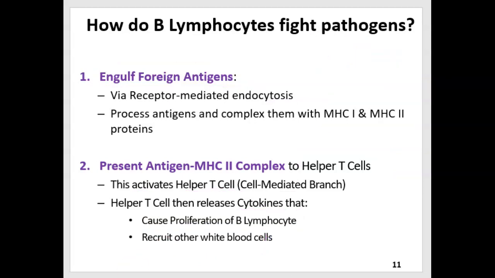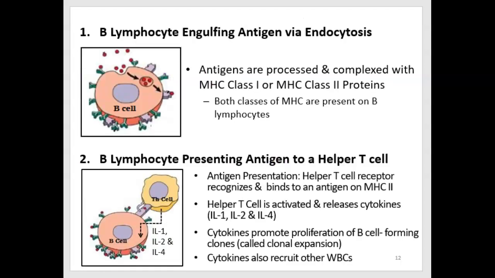So I have a picture of this in a couple of forms here so that it'll make more sense to you. So what do these B lymphocytes do themselves? First, they engulf antigens via endocytosis or receptor-mediated endocytosis. And so here you see this antigen has been engulfed.